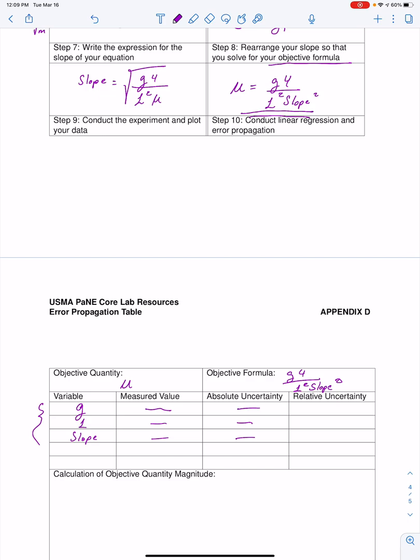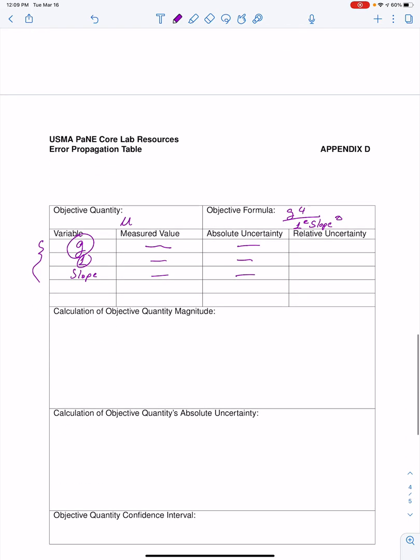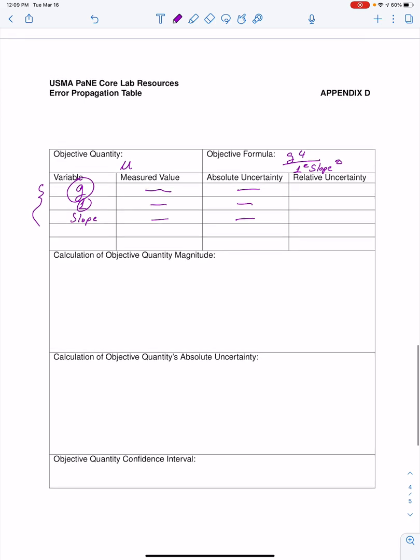When you do your linear regression, there is an absolute uncertainty. Make sure that you identify the absolute uncertainty for gravity, and make sure that you identify the absolute uncertainty for length. And this one is just basically plug and chug, right? So you're trying to find the actual value for your linear density. So just plug in the values of the acceleration due to gravity, the length of your string, and the slope that you found using your linear regression.